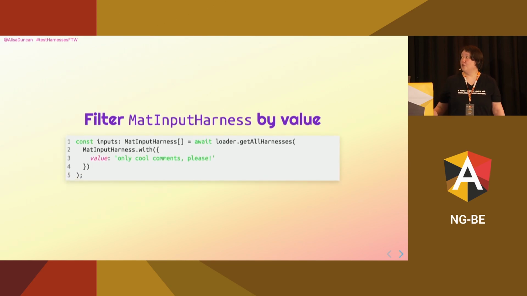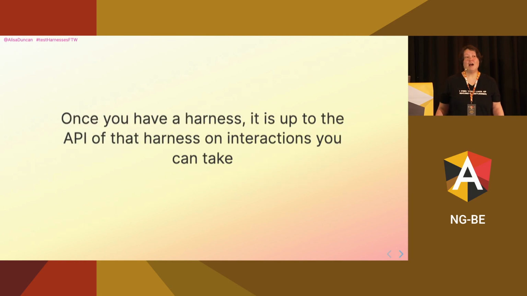So if we wanted to walk through what this looks like in practice, we can get all harnesses with a particular value, such as only cool comments, please, by passing that in the call to get a harness. But once you have a harness, such as that MatInputHarness, it is up to the API of the harness on any subsequent interactions you can take, which makes sense because the way you'd interact with a button shouldn't match the way that you interact with an input element, for example.